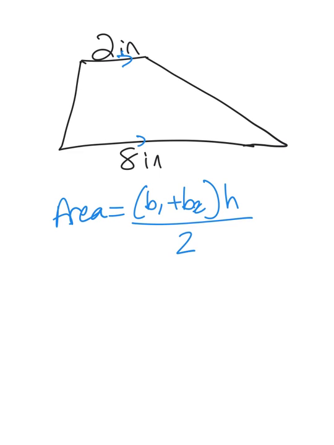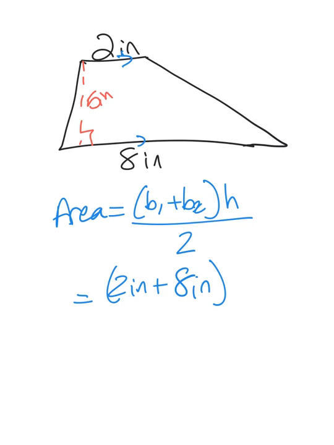All right? So in our case here, base 1 and base 2, base 1 is that smaller one, that'd be 2 inches plus 8 inches times our height. Hey, same problem we had before. We've got to know our height, which is whatever is going to be perpendicular to the base, right? Or perpendicular to the ground. That's how you guys are going to figure that out. So let's say this was, I don't know, 5 inches.